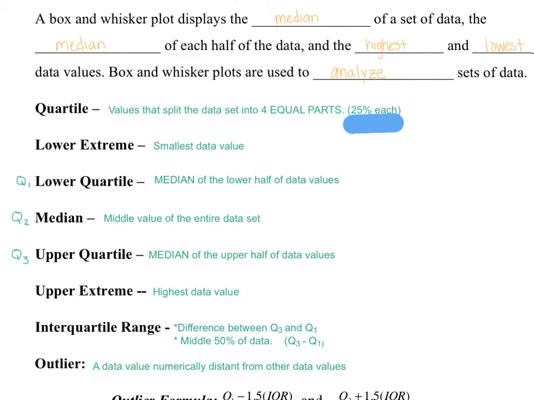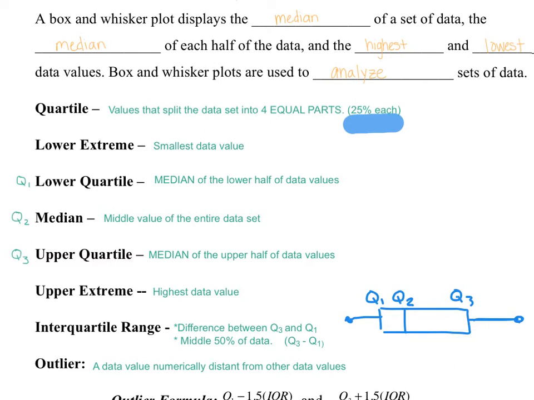So interquartile range is the difference between Q3 and Q1. You guys may remember what a Box and Whisker Plot looks like, but it looks something like this. So you would have your Q1, Q2, and Q3.